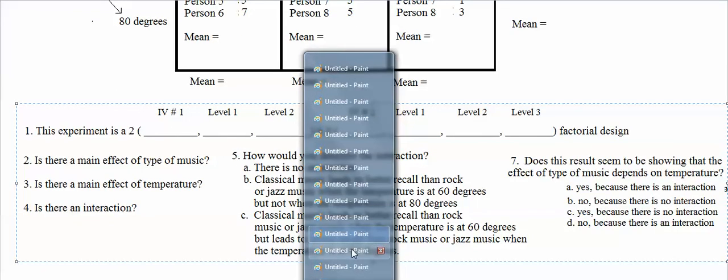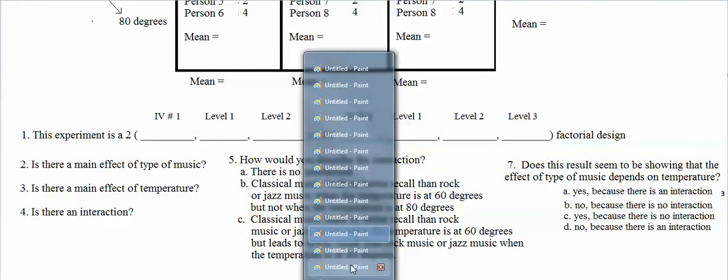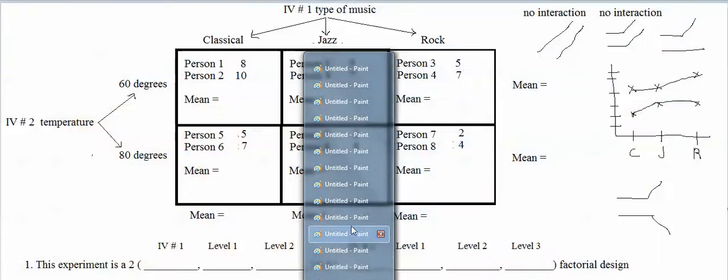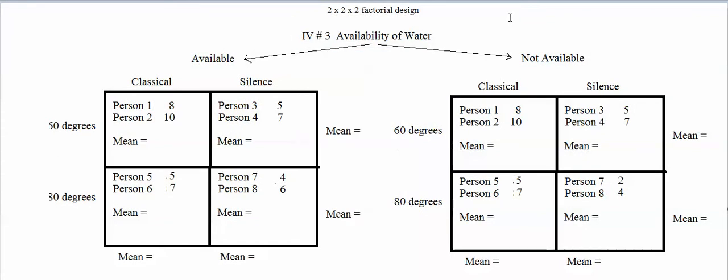I was also going to have you do, well, this is another 2 by 3 with different numbers. This is the last one, a 2 by 2 by 2 factorial design, which means we have 2 temperatures, 2 types of music, and we're also giving all of these participants over here water to drink during the experiment, but all of these participants over here cannot drink water during the experiment.